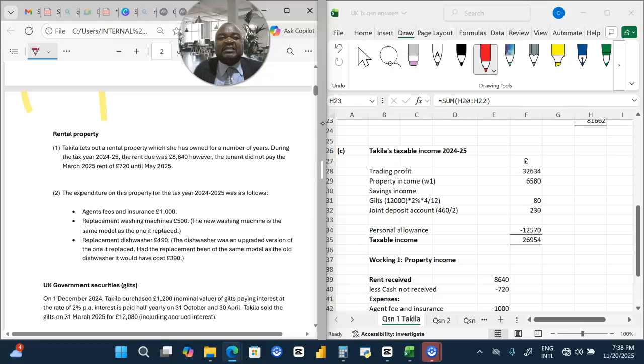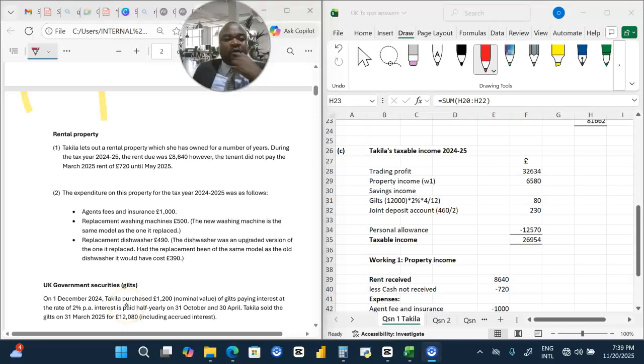However, the tenant did not pay the March 2025 rent of £720 until May 2025. So, you need to understand these things.